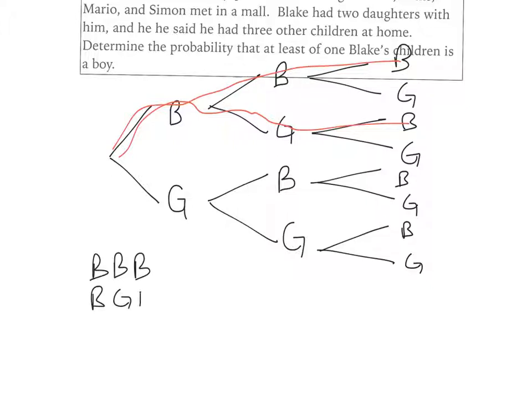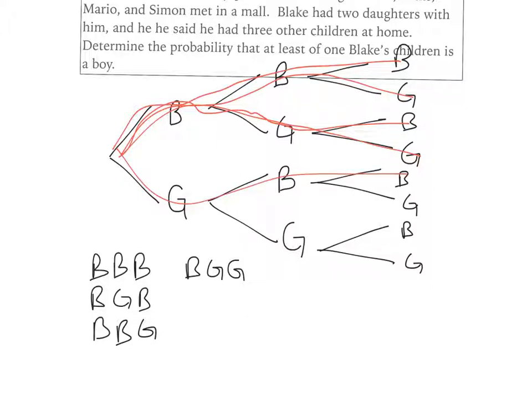Boy, girl, boy. Or he could have boy, boy, girl. Or he could have boy, girl, girl. Or he could have girl, boy, boy. It just keeps going like that. So girl, boy, girl.